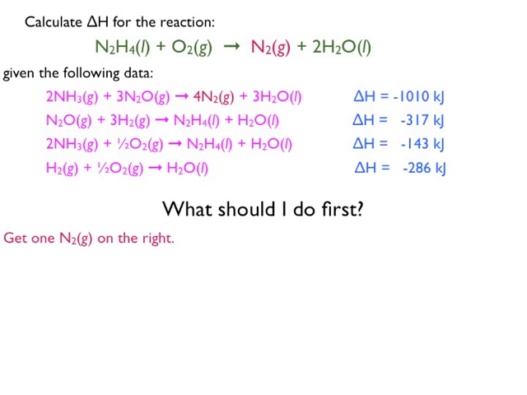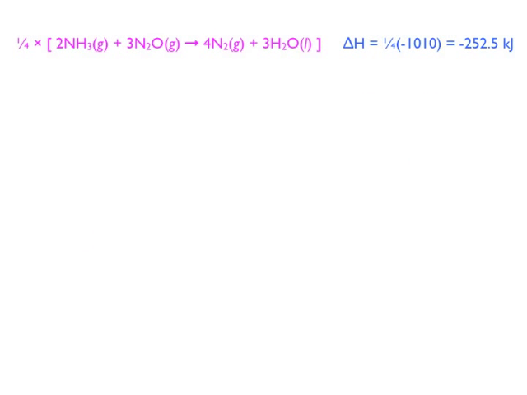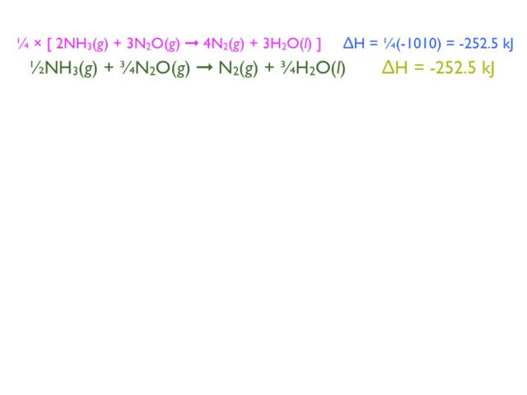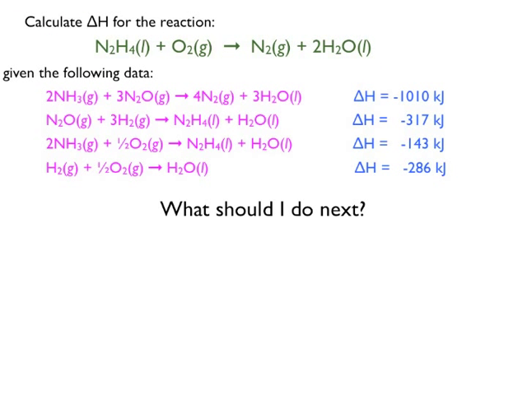So if I multiply the first equation by 1/4 and multiply its delta H by 1/4, that has to be right. That's the only way I can get 1 mole of nitrogen gas on the right side. So if I multiply the first equation by 1/4 and its delta H by 1/4, I get -252.5 kilojoules. And I'm going to make a note that I'm doing this because only N2 is unique.